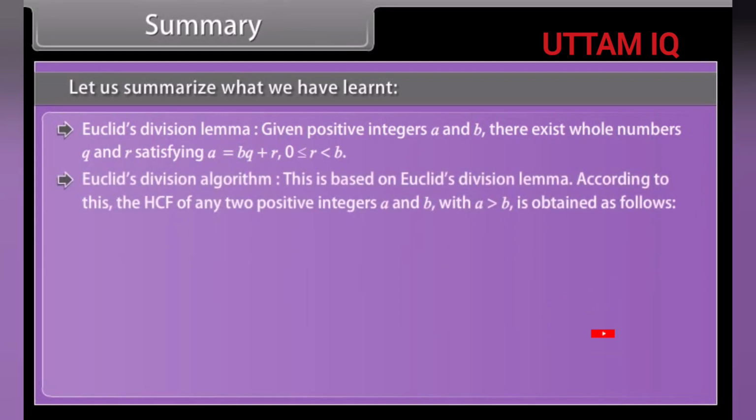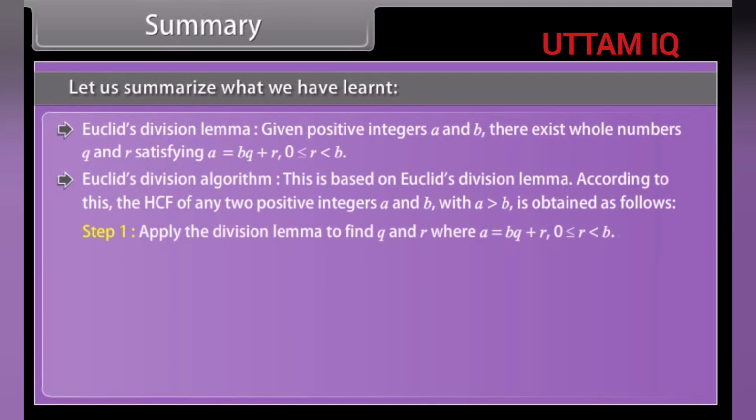Euclid's division algorithm is based on Euclid's division lemma. According to this, the HCF of any two positive integers a and b, with a greater than b, is obtained as follows. 1. Apply the division lemma to find q and r, where a is equal to bq plus r, 0 is smaller than or equal to r, which is smaller than b. 2.